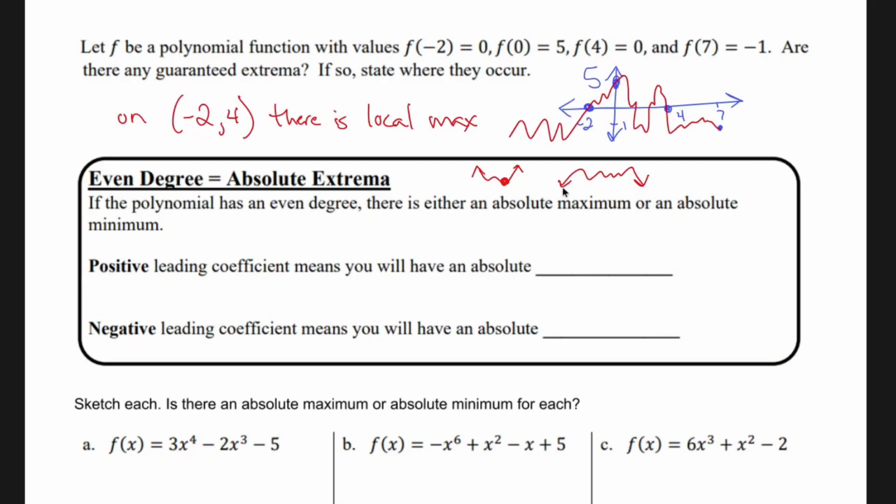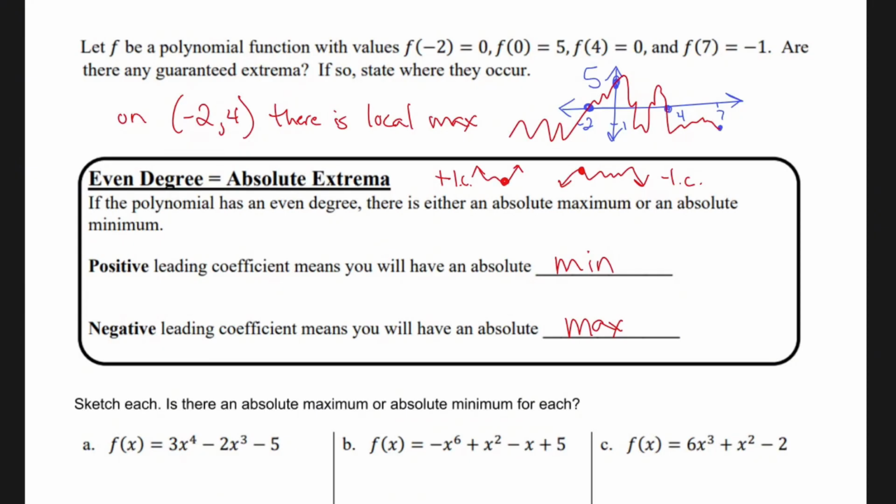Similarly, this is a negative leading coefficient, and that's going to max out somewhere. So a positive leading coefficient, which starts at the top and ends at the top, you will definitely have an absolute minimum, no matter what. A negative leading coefficient is going to start from the bottom and end at the bottom, and if that's the case, you're going to definitely have an absolute maximum no matter what.